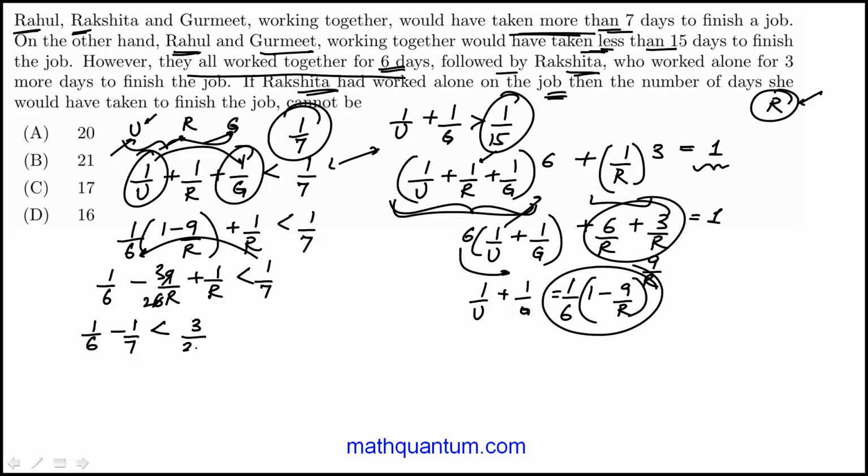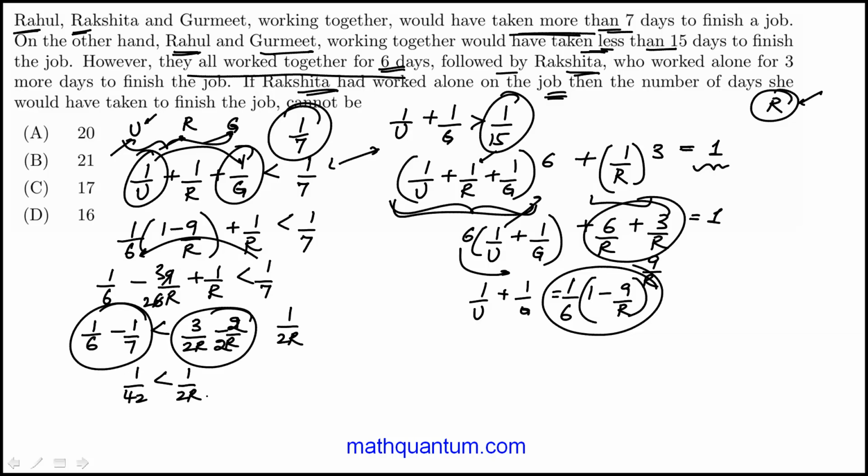And then this would be 3 over 2R minus 1 over R, which is really 2 over 2R, and that becomes 1 over 2R. If I compute this, this is 1 over 42. So we have 2R is less than 42, R is less than 21. So that's the condition we get.